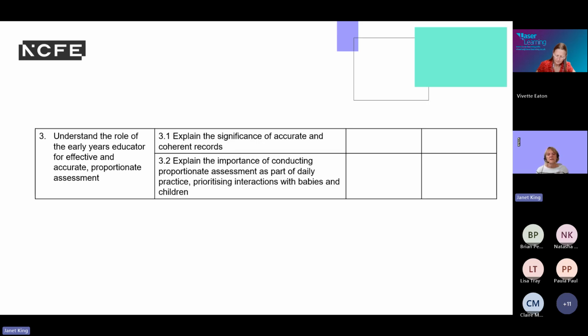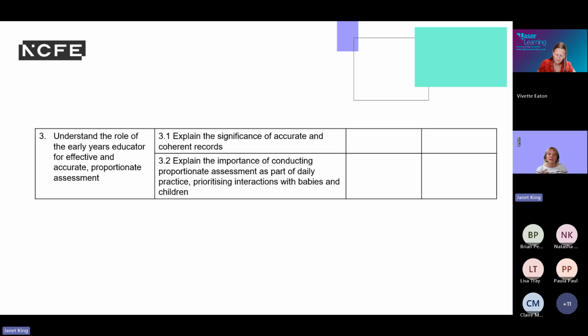And then the importance of conducting proportionate assessment as part of daily practice. That just means that, as part of the EYFS, we're not taking our time away from the children. That's when we observe. We're not making these wonderful, pretty journals at the expense of the time we could be with the children. We're childcare professionals.